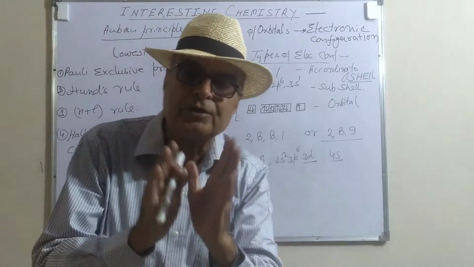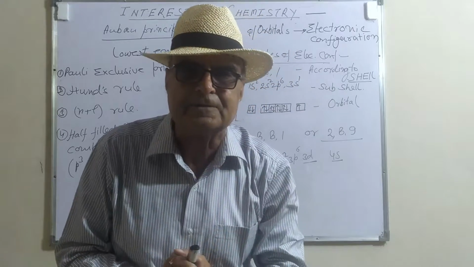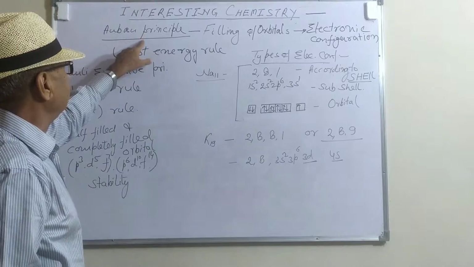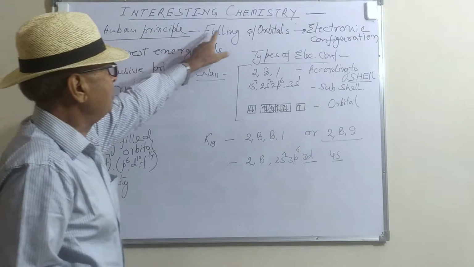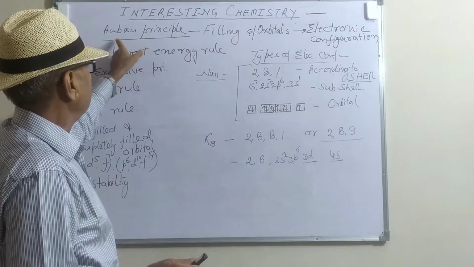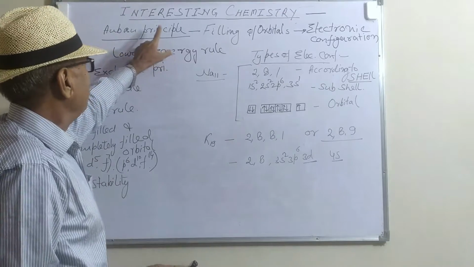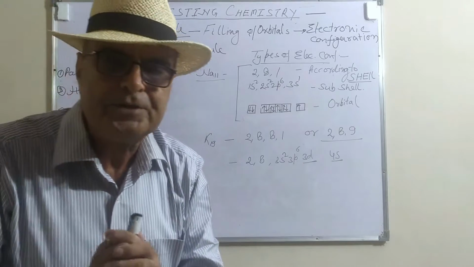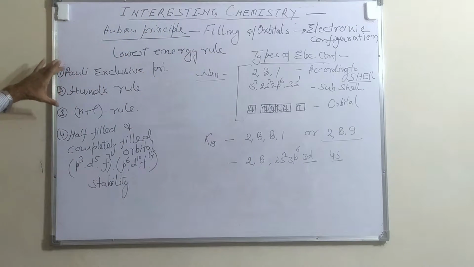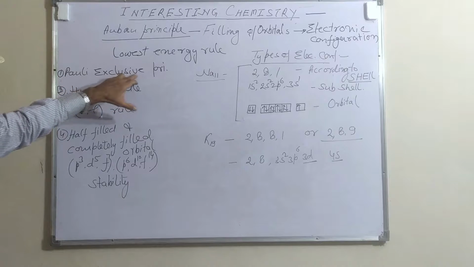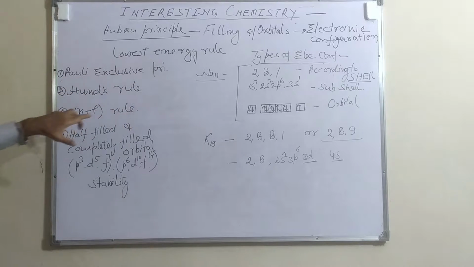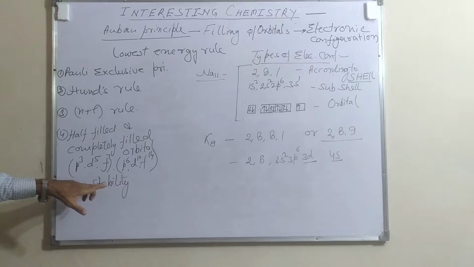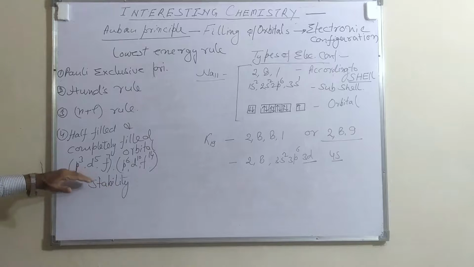Now you have to understand that the filling of the orbitals takes place according to the Aufbau Principle. The Aufbau Principle has so many rules: Pauli exclusion principle, Hund's rule, n plus l rule, half-filled and completely filled orbitals and their stability.